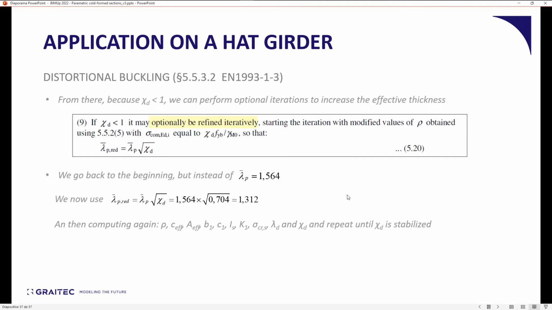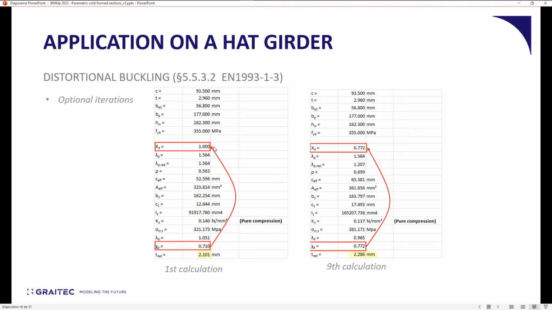in the record 3 you are allowed to perform some optional but welcome iterations to mitigate the thickness reduction. So the idea is to go back to the beginning and re-inject the final results until the thickness stabilizes.